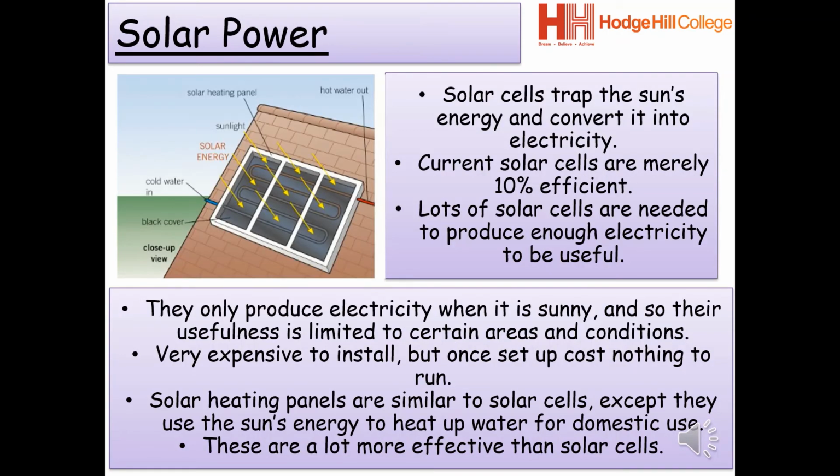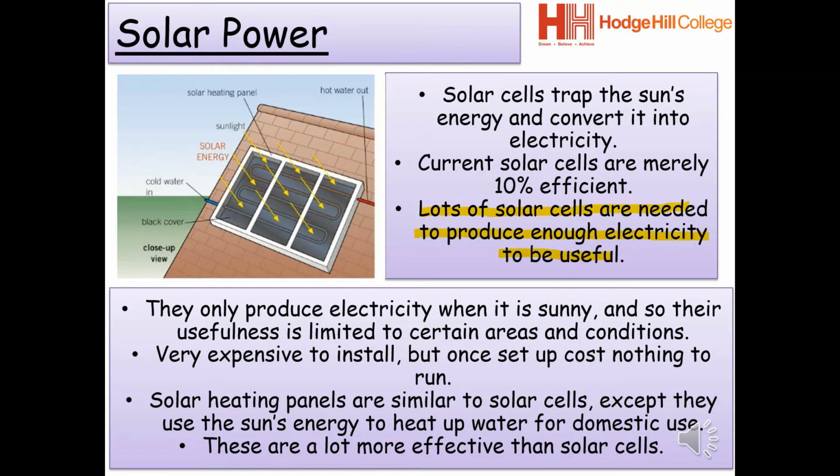Solar power, we all know about solar power, uses energy from the sun. It traps the sun's energy and converts it into electricity. Solar energy uses solar cells, and those cells are what is used to trap the sun's energy and convert it to electricity. One disadvantage is that it uses a lot of cells, so we need a lot of cells to produce enough electricity.